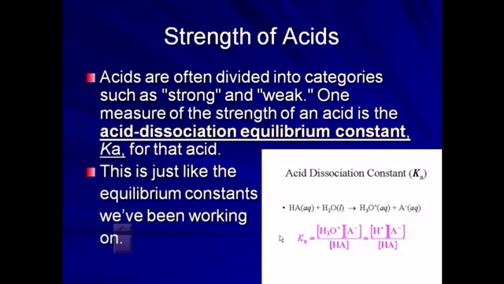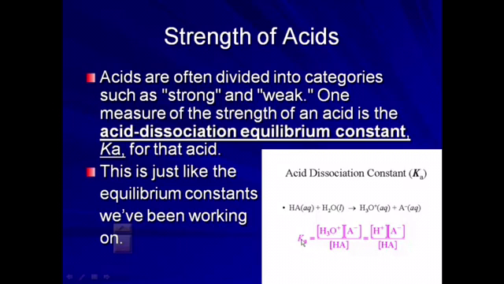So the Ka is just like the equilibrium constants that we've been working on so far. I give you an example here in this box. You have an acid, general formula HA, and when it enters into water, it will ionize the water into hydronium, and then you'll get the negative ion that was left over from the negative part of the acid.